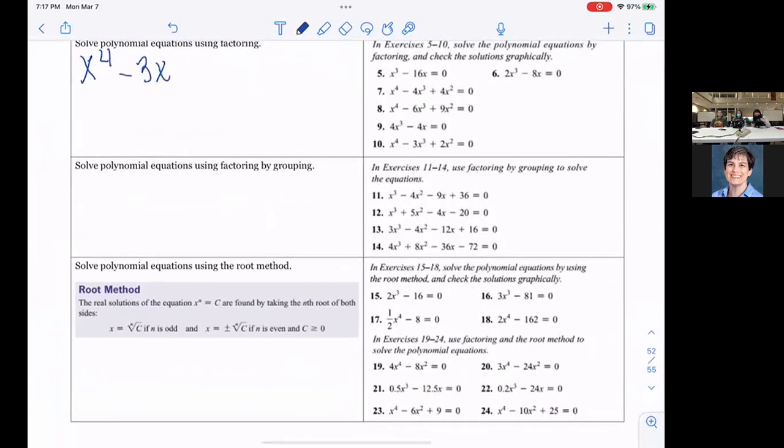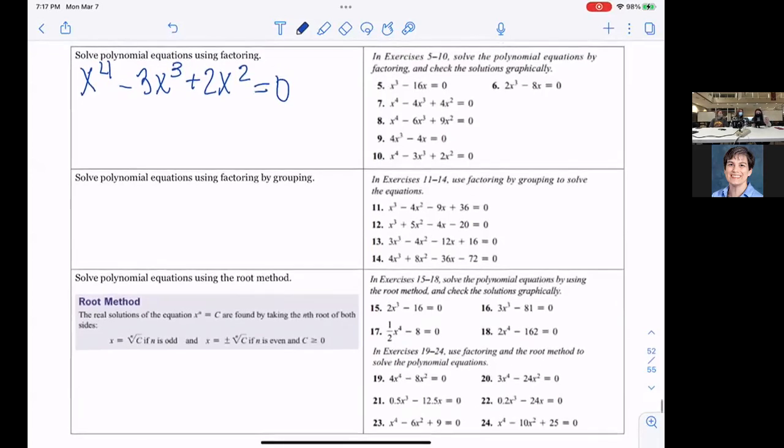Four minus 3x cubed plus 2x squared equals 0. Just go for it. Pull out the x's first. Let's make this first, but you can put it squared. We'll pull out the x squared, and that'll leave us with x squared minus 3x plus 2 equals 0.